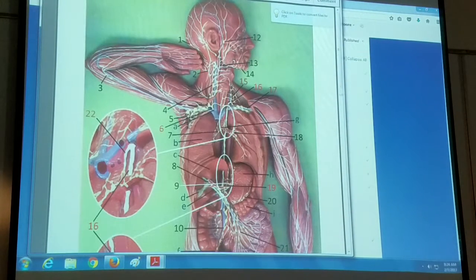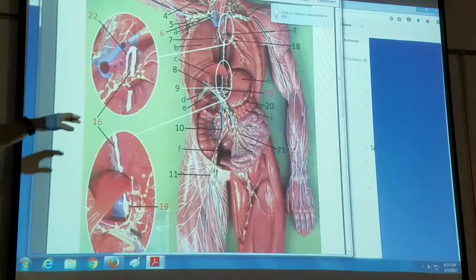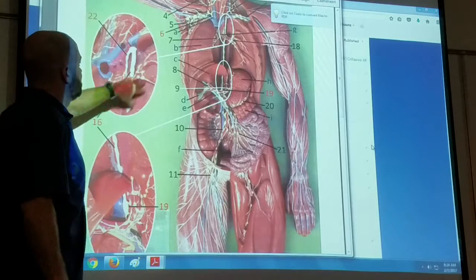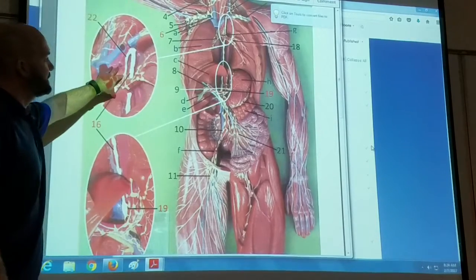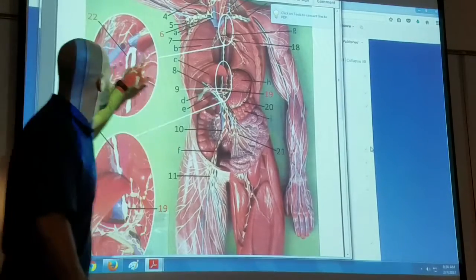So this one you can use as a key. So here we're magnifying the area where this piece usually hides these structures.